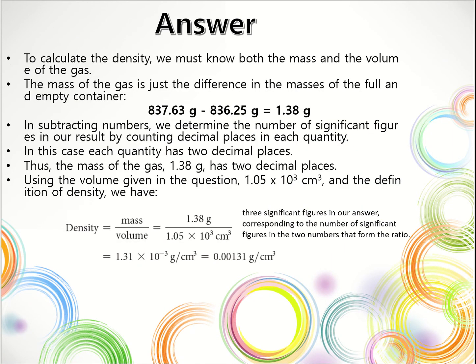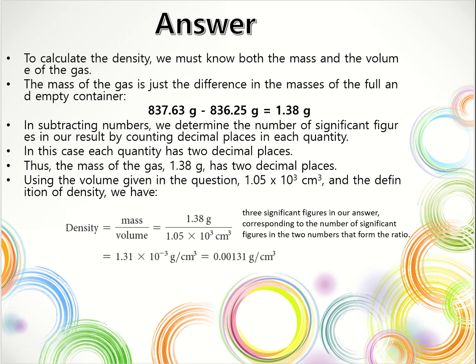All right, so if you had this as your answer, which is 1.31 times 10 to the minus 3 gram per mL, then you would have been correct. The unit again for the density is gram per mL or gram per centimeter cubed. All right, so how did we arrive at that number? So first we had to calculate the mass of the gas, right?